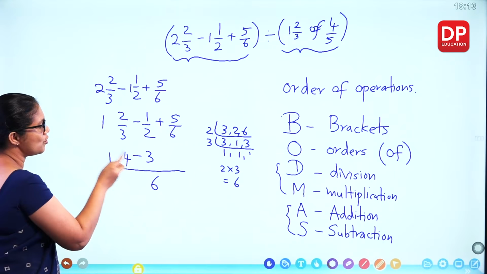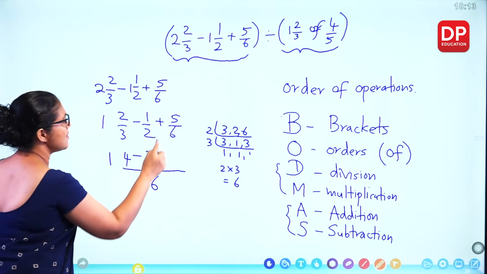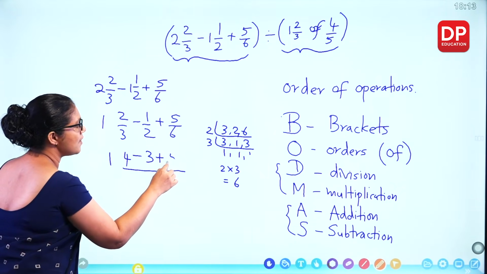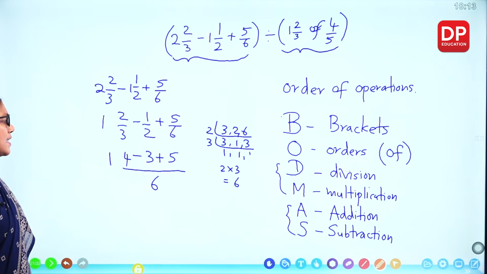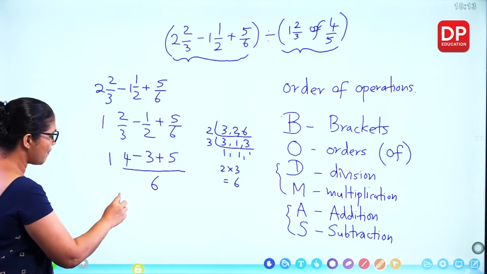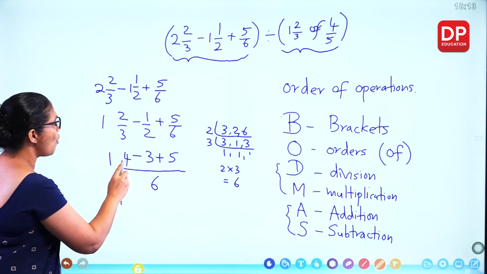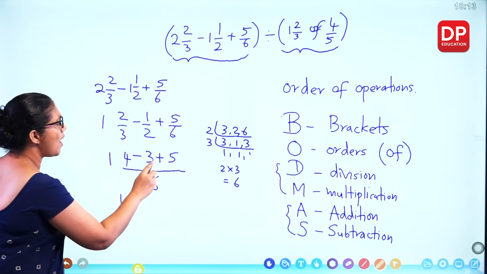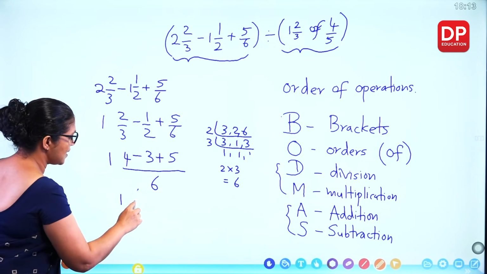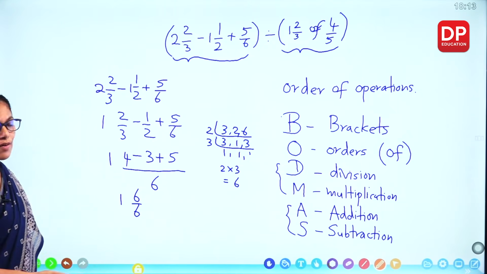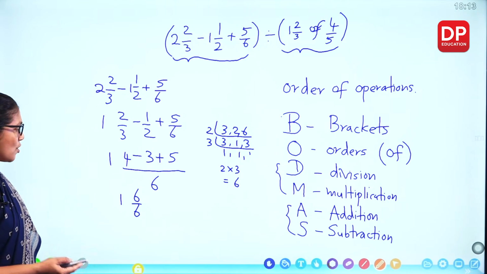Here, make sure that you put the correct sign. This is addition. No need to convert this one because the denominator is 6. Now you can simplify. 1 is there. 4 minus 3 is 1. 1 plus 5 is 6. 6/6. So 6/6 is 1.